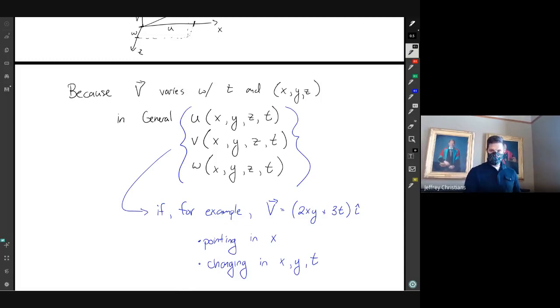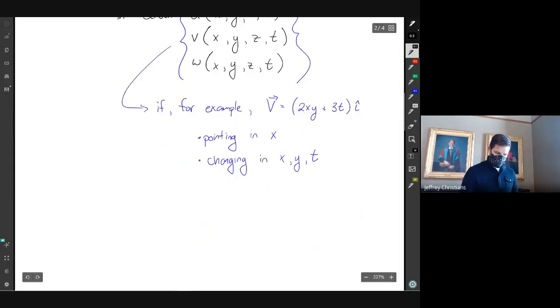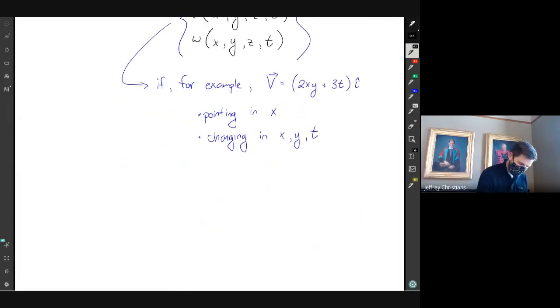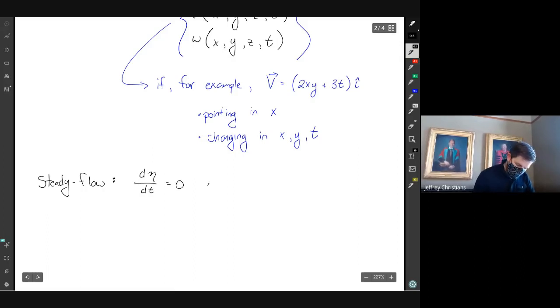If we wanted to show that mathematically, steady flow, we could write it as dη/dt equals 0, where that's not an n, it's an eta, an n with a funky tail, is any fluid property.